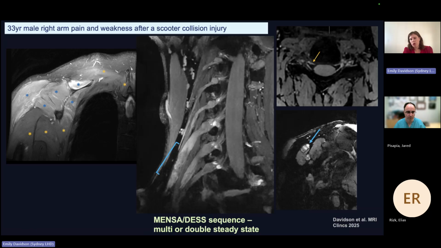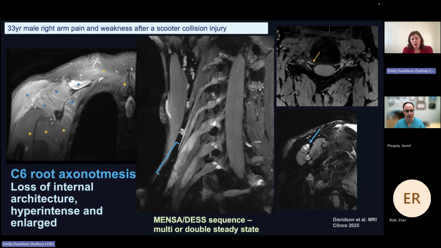It's very sensitive to motion, so you'll notice that the CSF is nulled out, and so are all the vessels, because the CSF and the blood are moving, and it gets nulled by the technique of the sequence, and we get really nice nerve anatomy. We can see here that there is discontinuity, and a haphazard appearance of the internal nerve architecture, suspected to be a high-grade axonotmesis. This sequence is really good at looking at the nerve root ganglion as well as the nerve rootlets in the spinal canal.